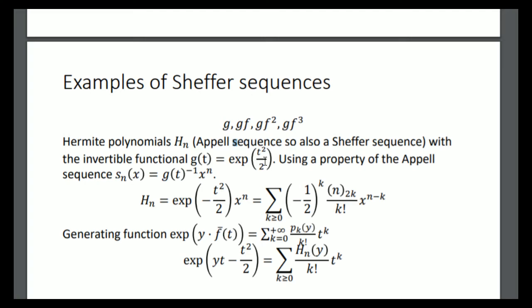Using a property of the Appell sequence, Sn of x is equal to 1 over g of t, because it's invertible, times x to the n. When you apply this formula here, you get that Hn is equal to exponential of minus t squared over 2. And using some other formulas, you find some weird results with very confusing things.